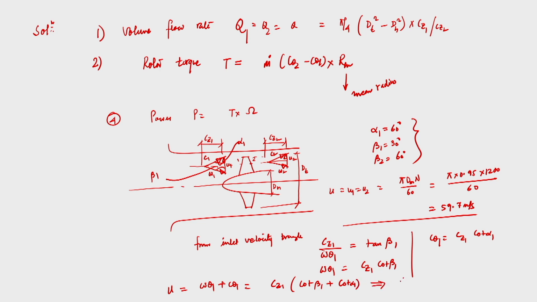So, from here we can calculate Cz1 is equal to U divided by cot alpha 1 plus cot beta 1. Because U is equal to 59.7, if I put the values of cot 60 degrees plus cot 30 degrees, we will obtain 25.9 meter per second. So, the flow velocity at the inlet is 25.9 meter per second.